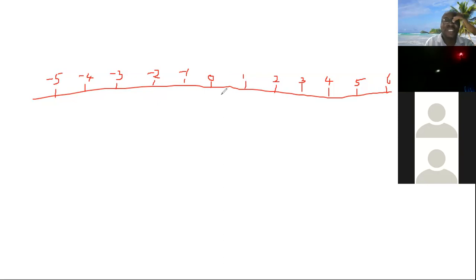Between 0 and 1. It's somewhere here, 0.76. Let me write it down. As it crosses 0, does it move from here to somewhere?